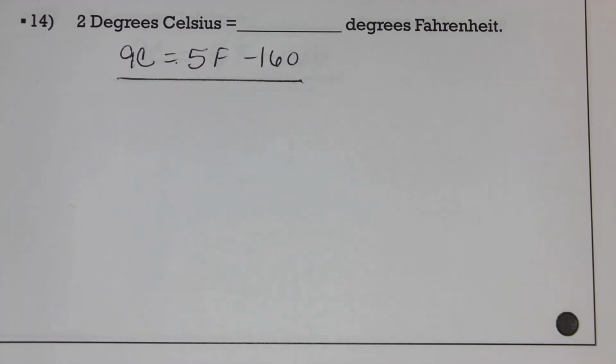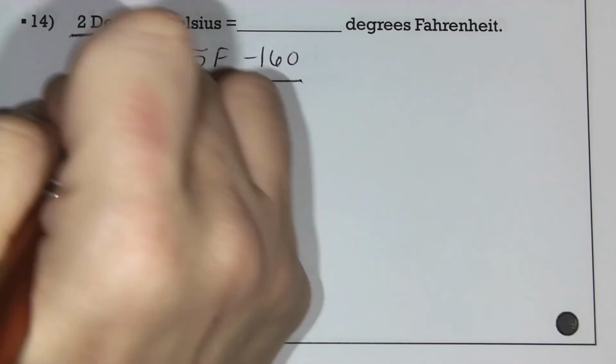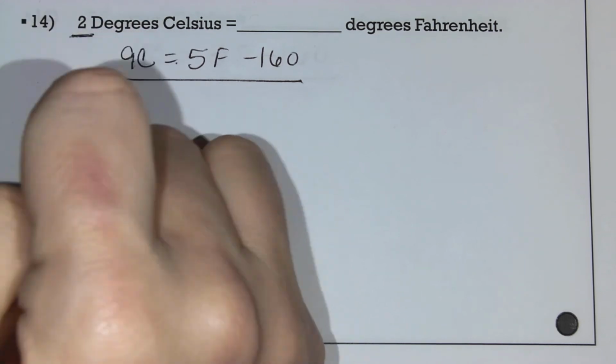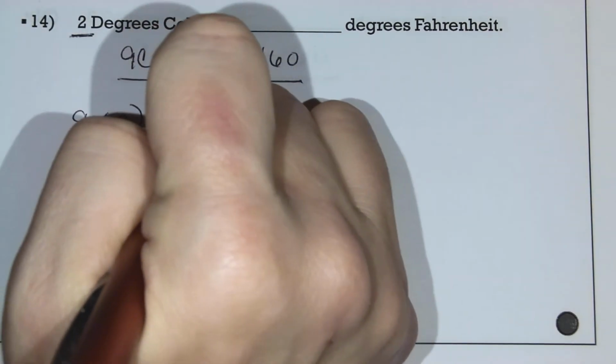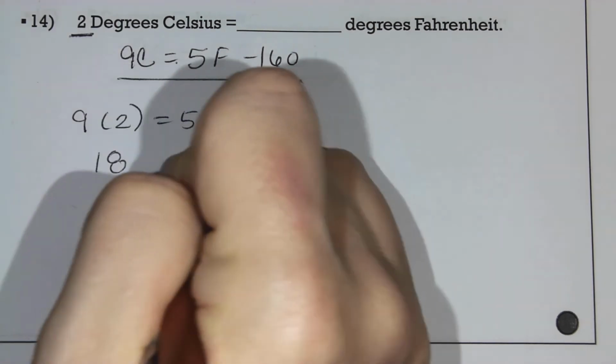Okay, going back to the long way again. You have 2 degrees Celsius, so it'd be 9 times 2 equals 5F minus 160. Okay. So you have 18.